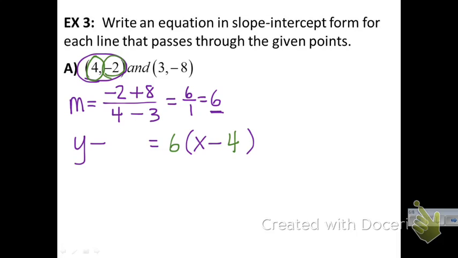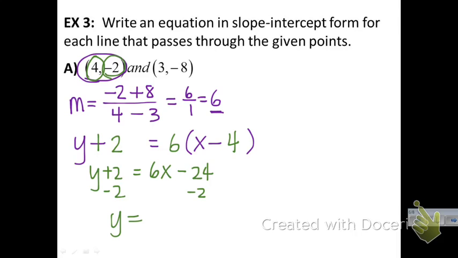And our y1 comes from that other point, -2. And because it's minus a negative, we're going to add that. From here we distribute the 6 to both, so 6x minus 6 times 4 is 24. And then subtract 2 to both sides to isolate the y. And our equation reads y equals 6x minus 26.